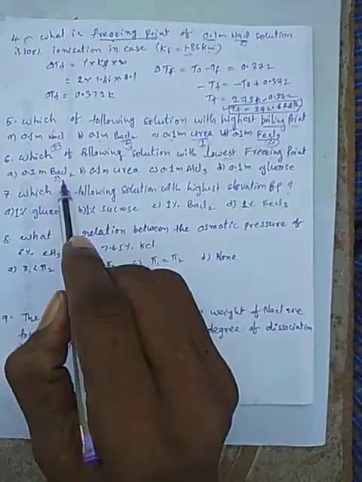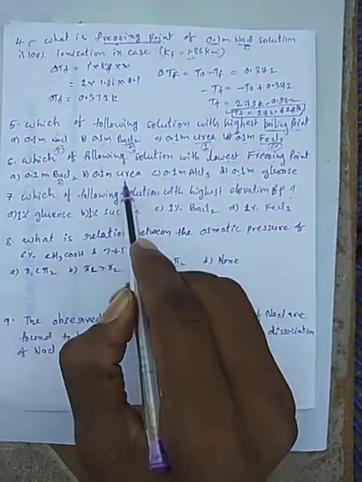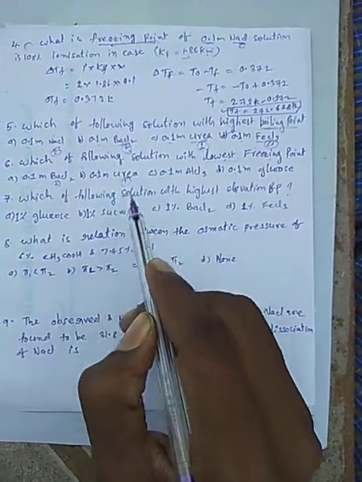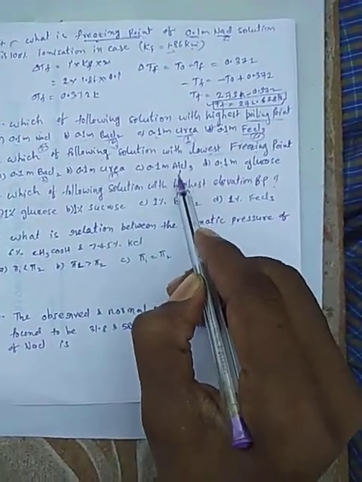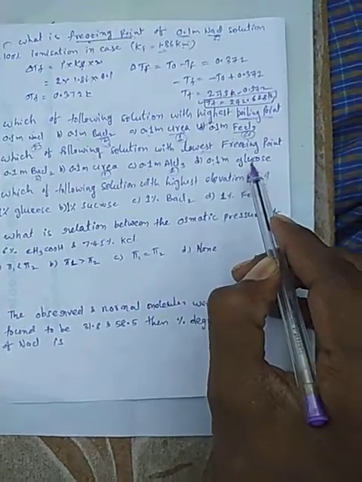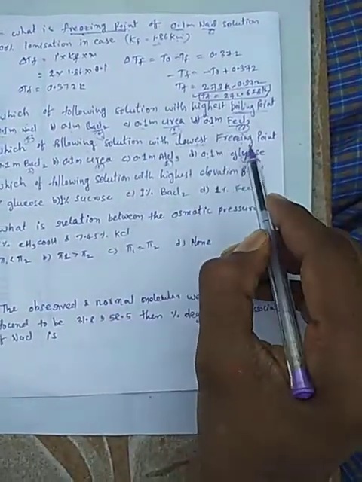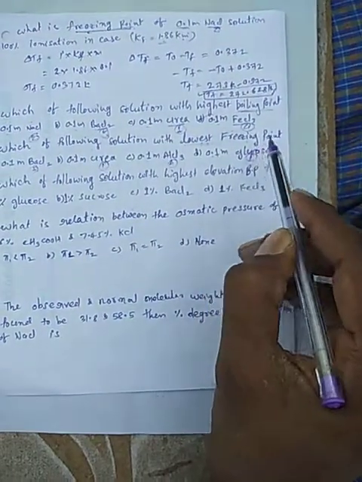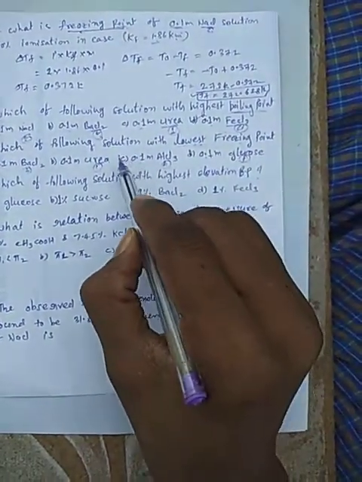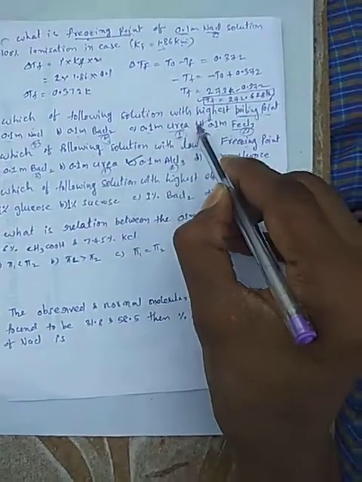What is the difference in the molecules? One forms three ions. Urea forms only one ion. One forms four ions. Glucose will also form one ion. The lowest freezing point is nothing but the highest boiling point. The answer is C.